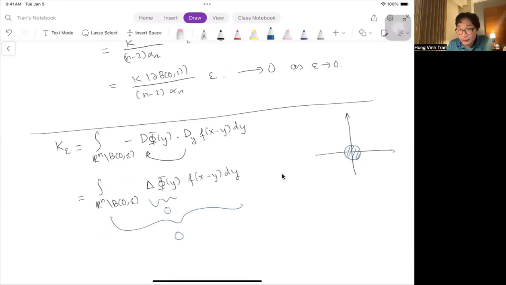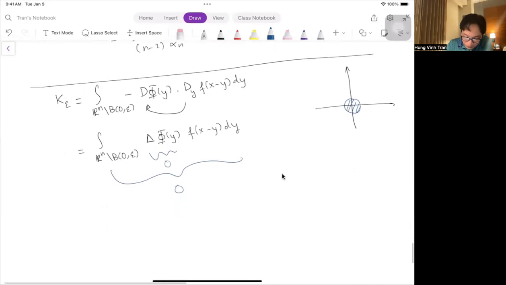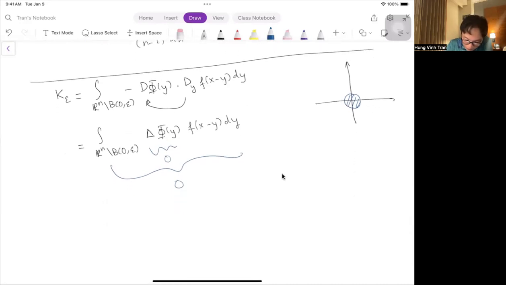But we are not done, right? There's a boundary term, as always when you do integration by parts. So what is the boundary term? There's a minus, so it should be minus the boundary term, that I have d phi of y dot with the normal vector, n f of x minus y dy.